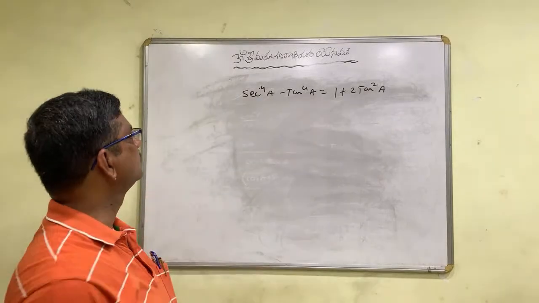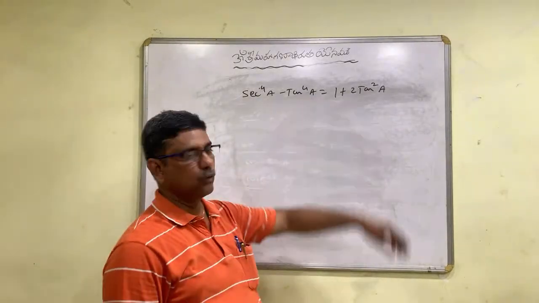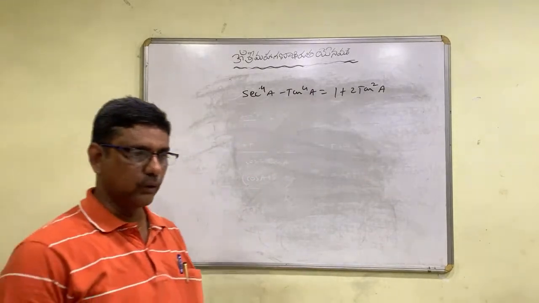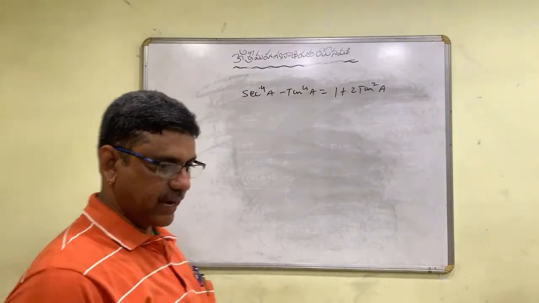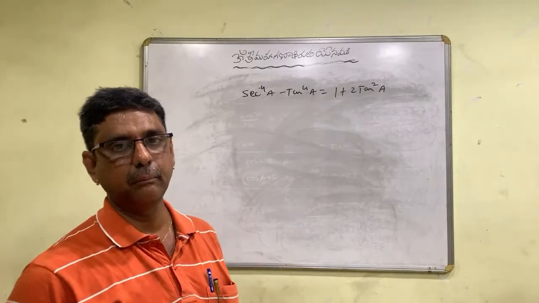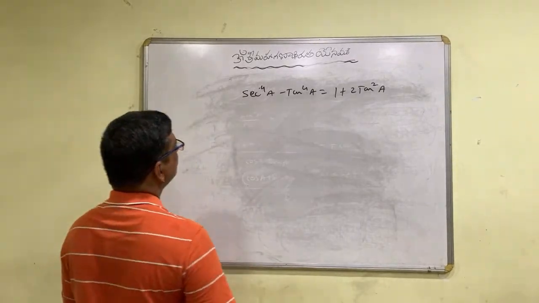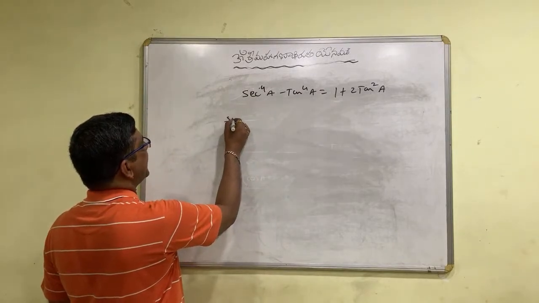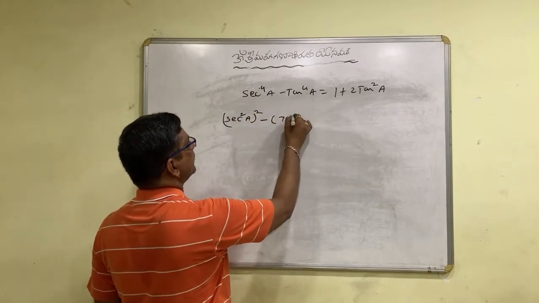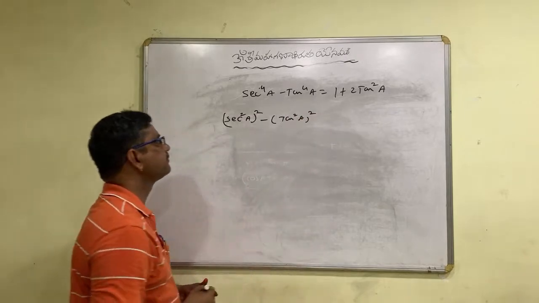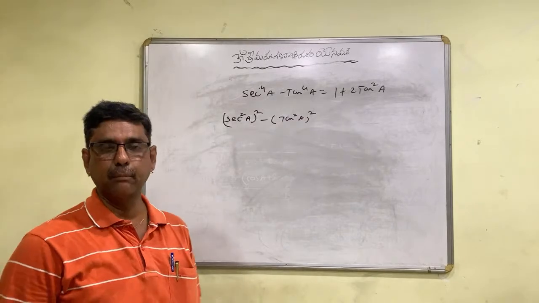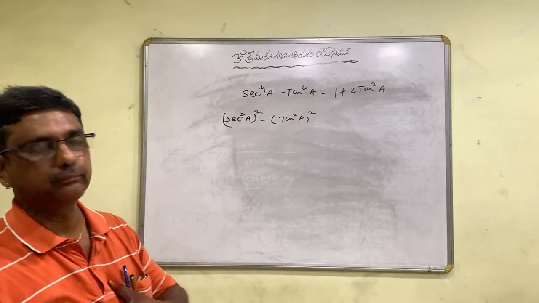Children, I told you in the beginning of the class, a square minus b square equals a plus b into a minus b. That identity will work out here many times. So I am going to write secant power 4a as secant square a whole square, and tan power 4a as tan square a whole square.